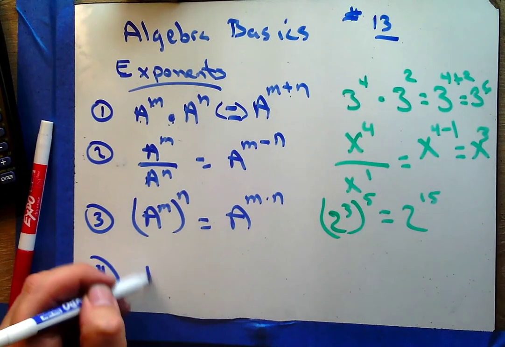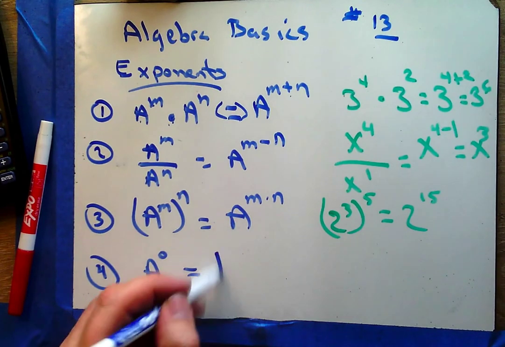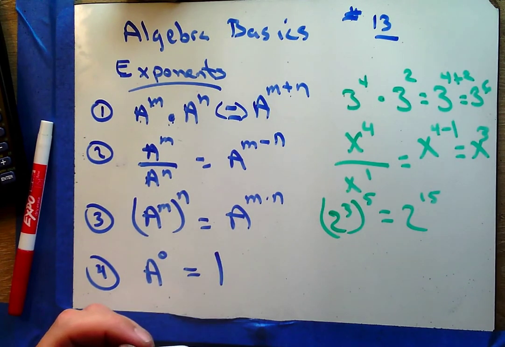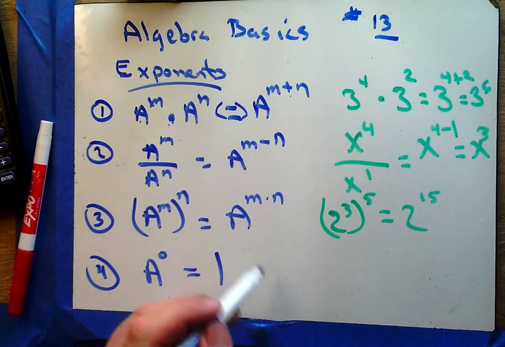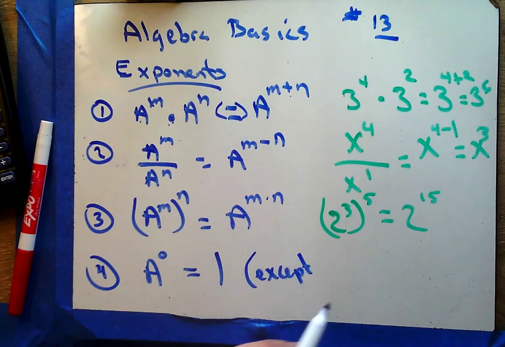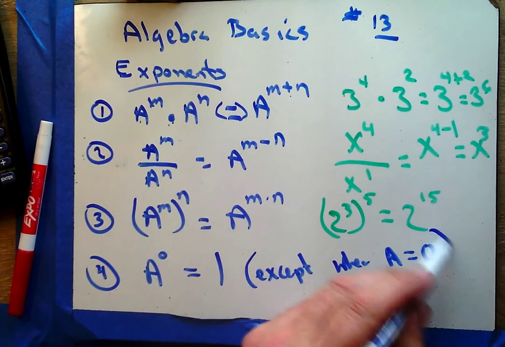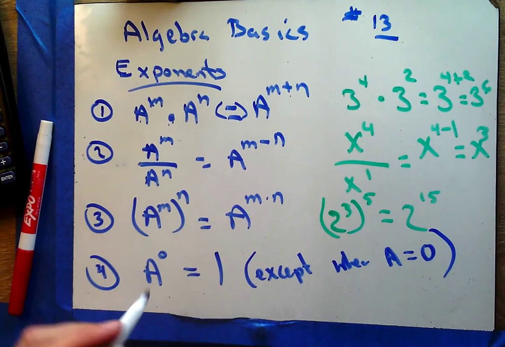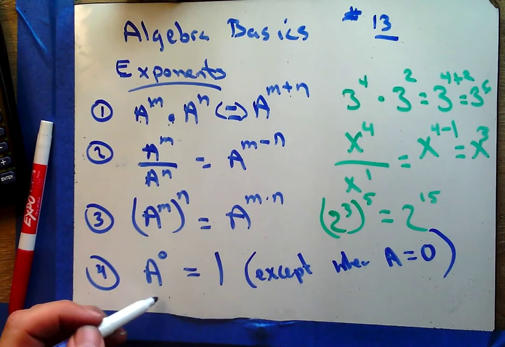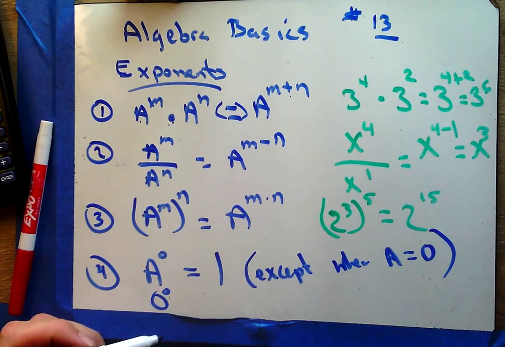4, a to the 0. Okay, so here's the thing. I know you want to say this is 1, and that's true, except it's not always true. Except when a equals 0. Those of you moving on to calculus next year, 0 to the 0 power is not necessarily 1.